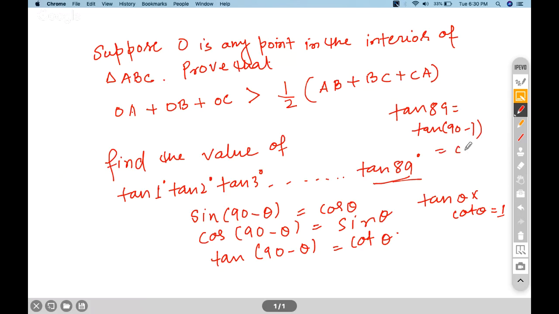Tan 90 minus theta is cot theta, so this is cot 1. So tan 89 is nothing but cot 1. And tan 1 and cot 1 getting multiplied will give me 1. Similarly, tan 2 and tan 88 will give me 1. Tan 3 and tan 87 will give me 1. In between, I'll have tan 45, which is already 1. So what do I get? I get the answer as 1.